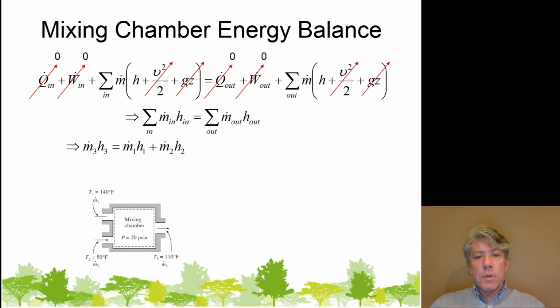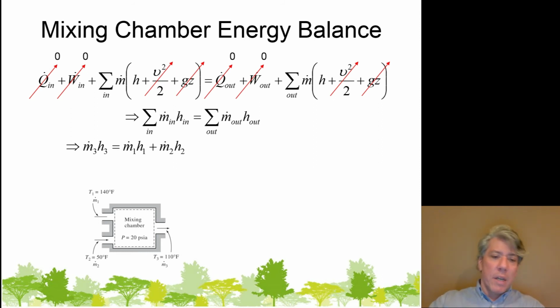And then the other two terms come from the fact that there are two inlets. I've switched the equation around on you, I'm sorry, I should mention that. So the inlet terms are on the right-hand side of the equation now, and the outflow is on the left-hand side. But there are two streams coming in, both of which carry power into the mixing chamber.